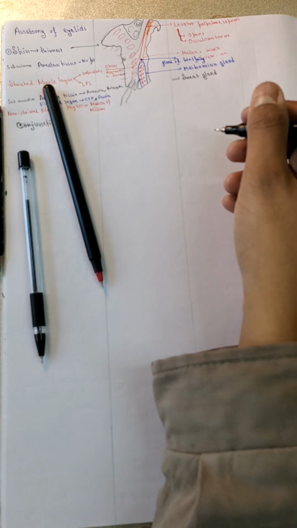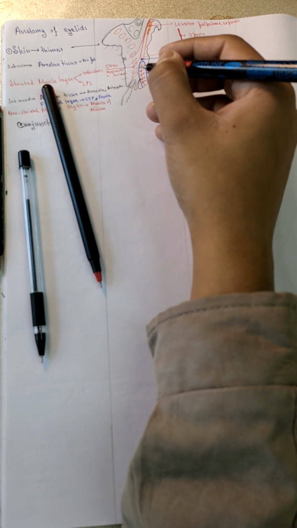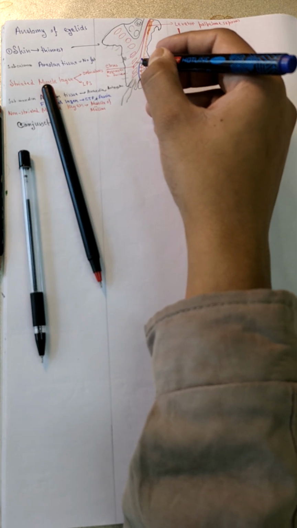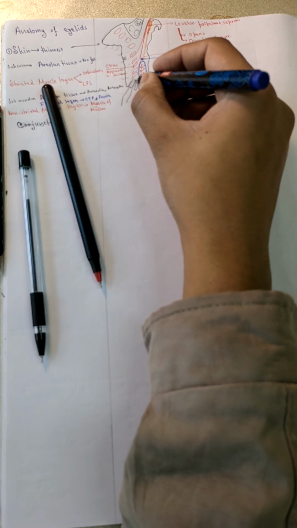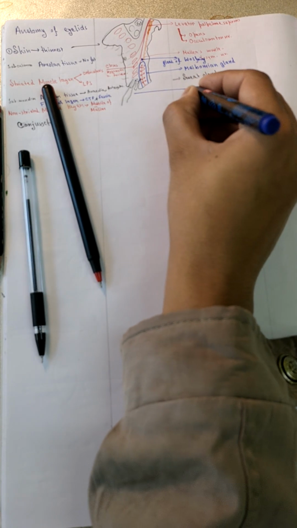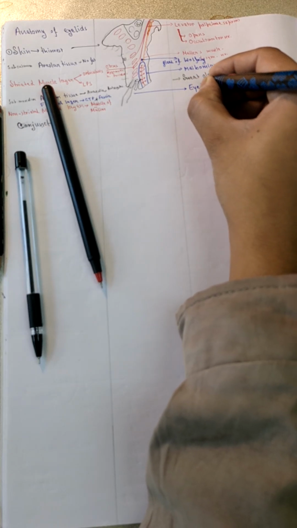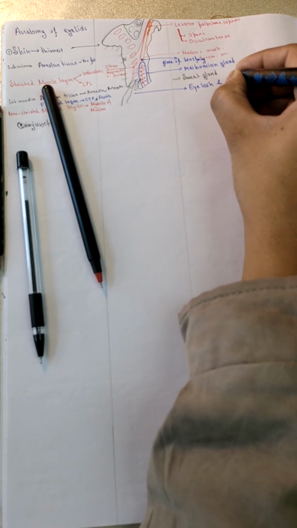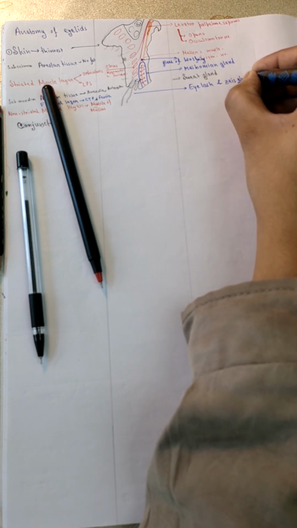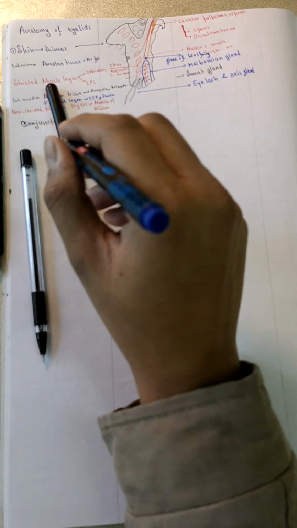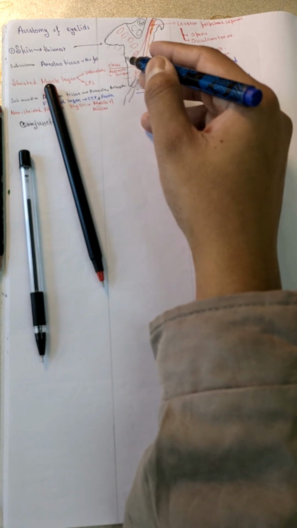Then here are the eyelashes, and in between them I have the Zeiss gland. This is the opening of the Meibomian gland, and the sweat gland.